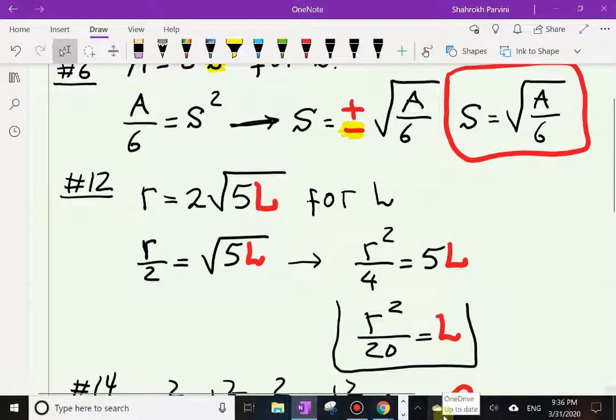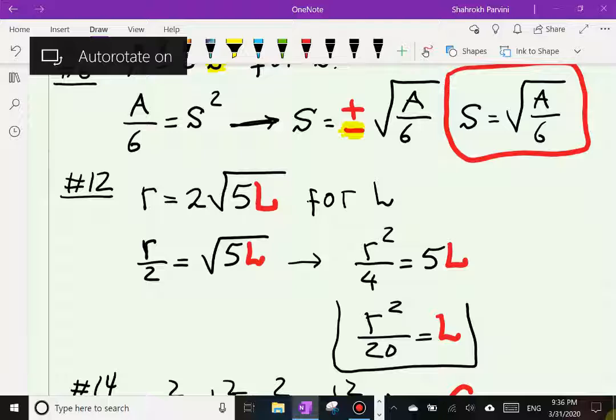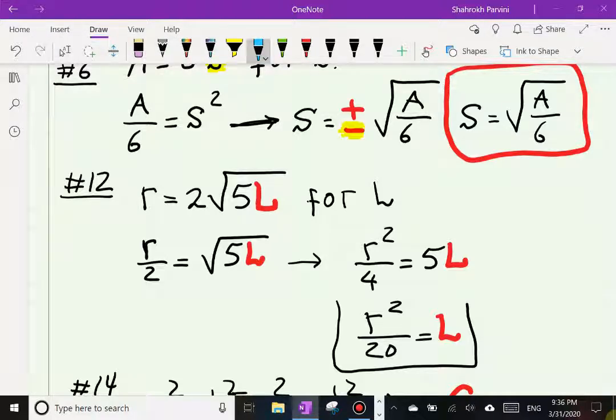Squaring both sides, let me put the detail here. I have r over 2 squared and then the square root of 5l squared. Next step, I have r squared over 4 equals 5l. Then we divide both sides by 5.